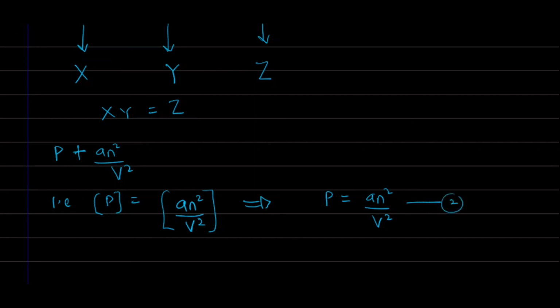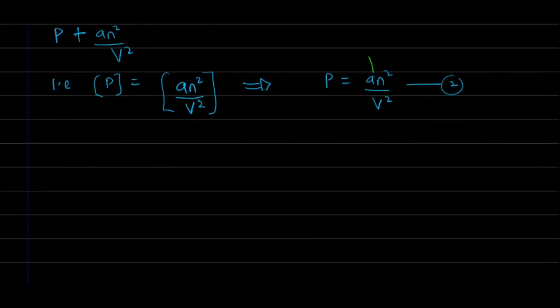Now, we are going to use the application that says the unit and dimension of constants. Here, the constant involved is a. So in that case, we have to make a the subject of the formula. How do we go about that? I will cross multiply this. I'll be having PV squared equals to aN squared.